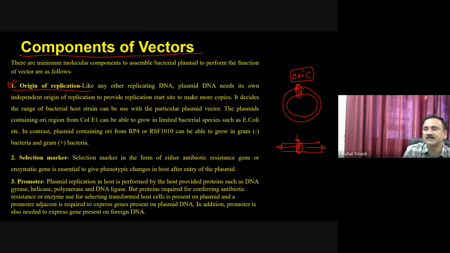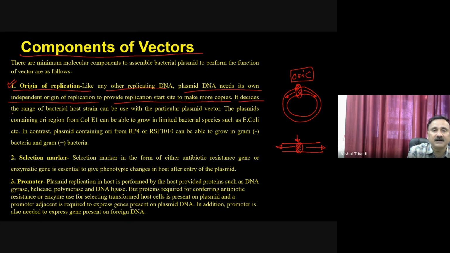Similarly, in the bacterial system, the DNA is made single stranded, and one replication fork goes in this direction and the other goes in this direction. So this origin of replication is very important. Like any other replicating DNA, the plasmid DNA needs its own independent origin of replication to provide the replication start to make more copies.